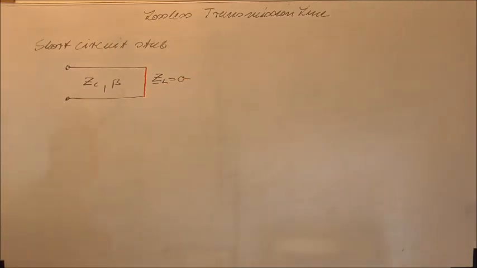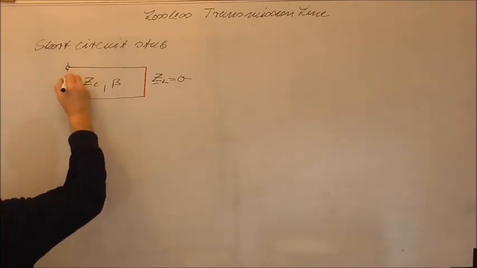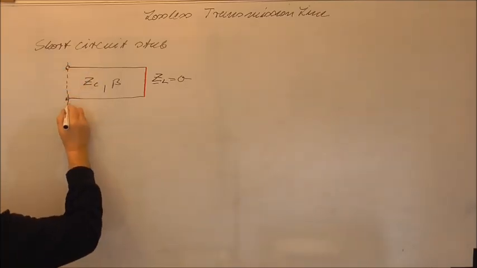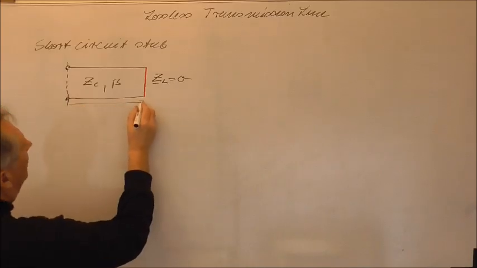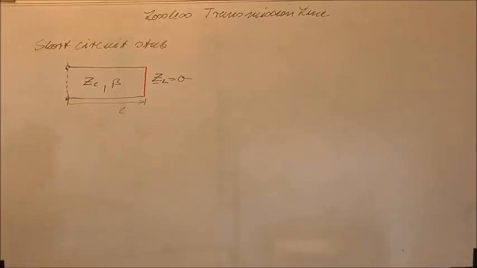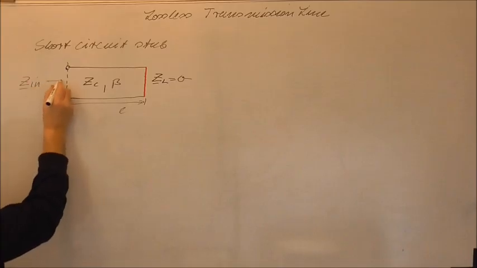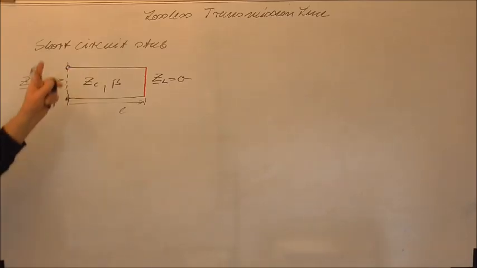The load impedance is equal to 0, and of course the transmission line here still will have a certain length L. Here this will be the length L, and the input impedance will be the impedance I see into this port of the transmission line.